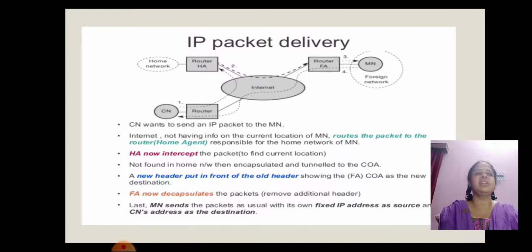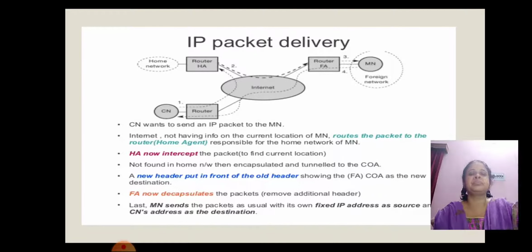The foreign agent can have the COA, acting as a tunnel endpoint and forwarding packets to the mobile node. The foreign agent can be the default router for the mobile node. The foreign agent now decapsulates the packets and removes the additional header. At the receiving end, the foreign agent decapsulates and the packet header is removed.